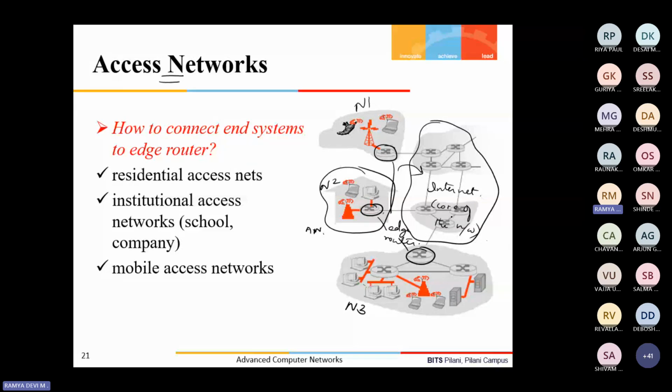Access networks will have different speed, cost, and coverage. The purpose is getting user devices connected to the internet and to other access networks. That's it.